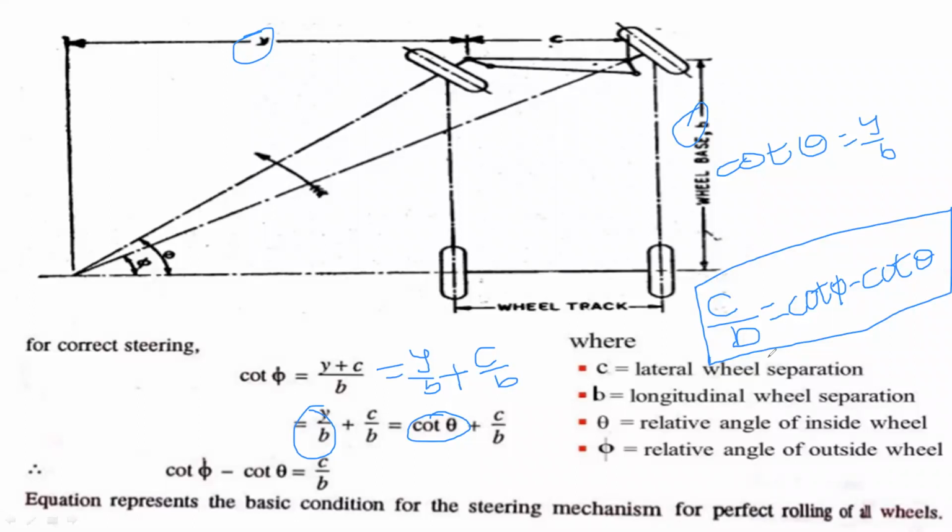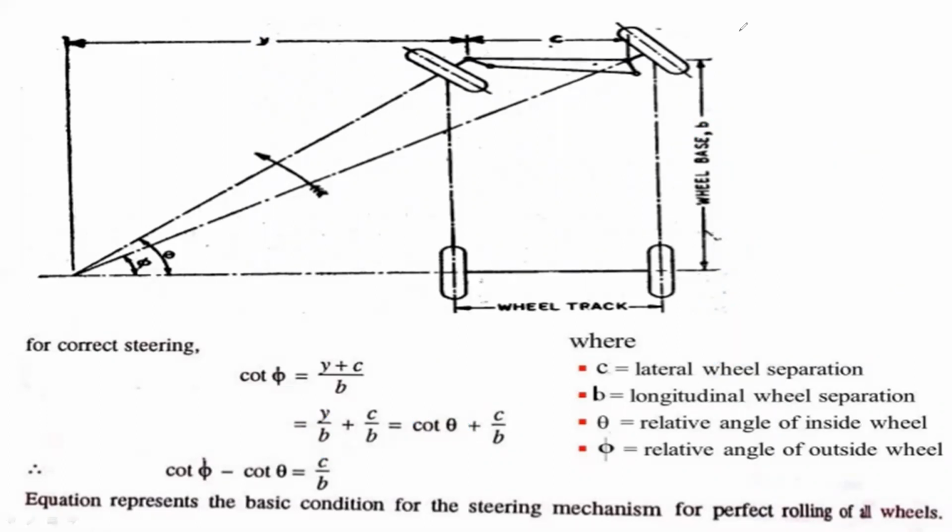That is the equation that represents the basic condition for the steering mechanism for perfect rolling of all wheels. So we can maintain any type of wheels. This mechanism is also known as center point steering.